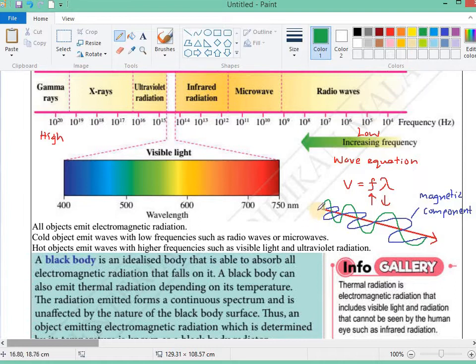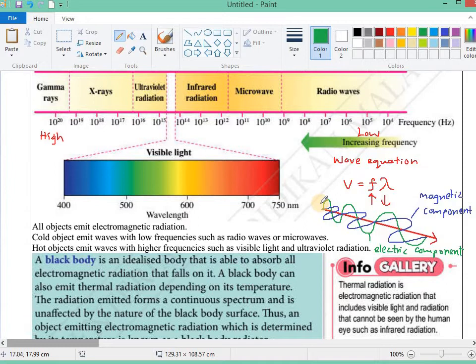That's why it's called the electromagnetic wave. It has the electric component and the magnetic component oscillating at right angles to each other. The magnetic component and the electric component are perpendicular, 90 degrees to each other.